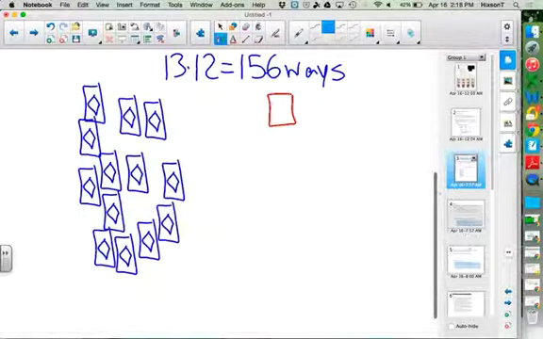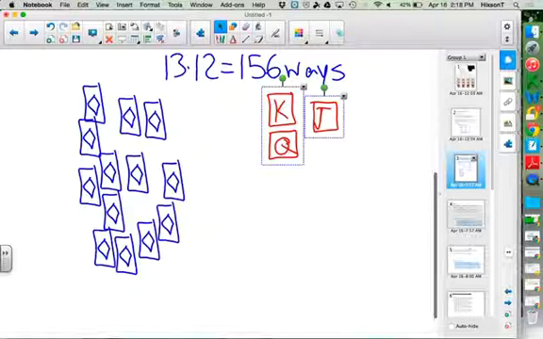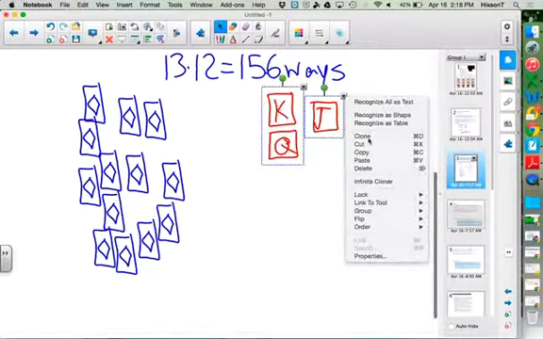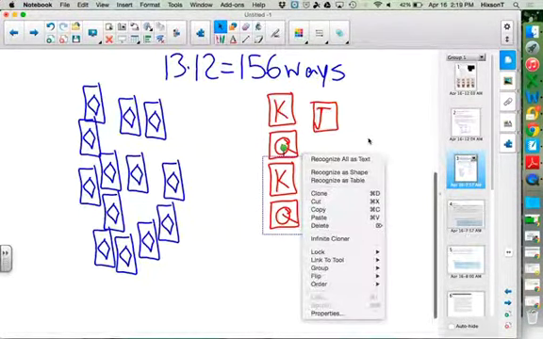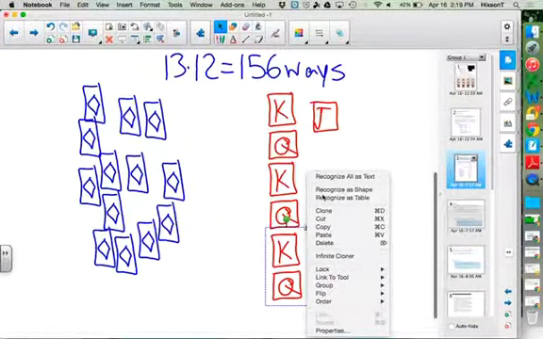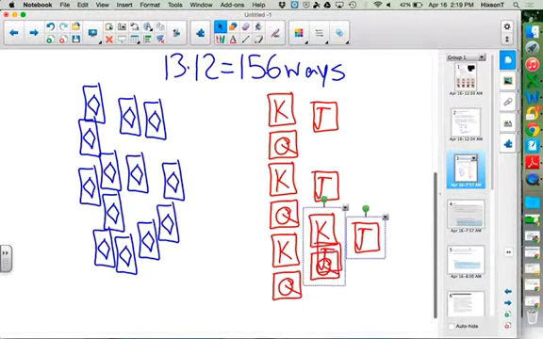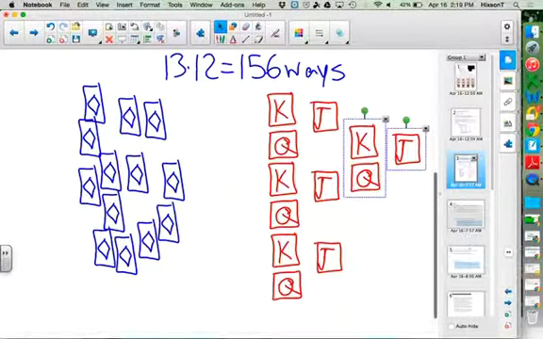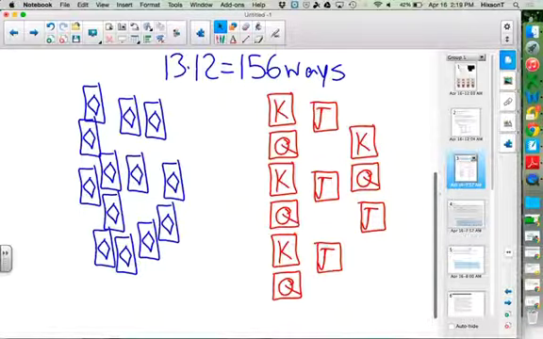Here's a king, here's a queen, here's a jack. Cards are usually rectangular, usually, not always. So there's 3 of them, and 3 more, and 3 more, and 3 more. So we've got all of our face cards here.